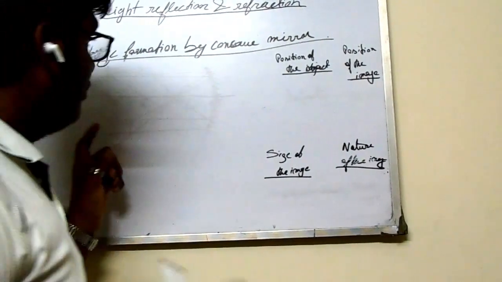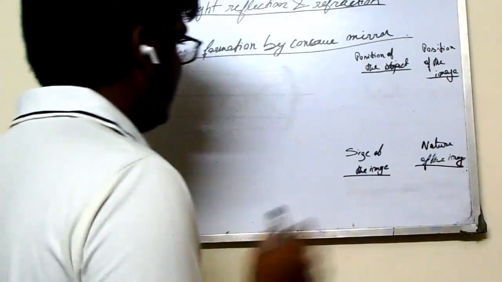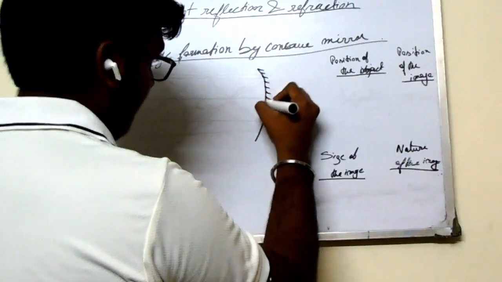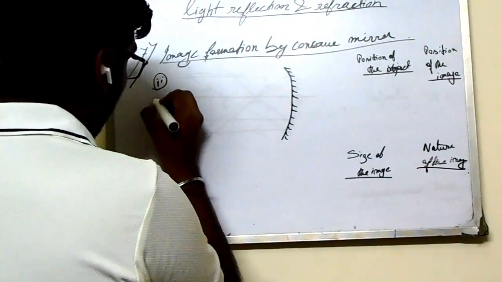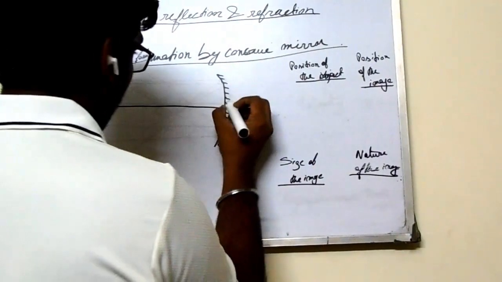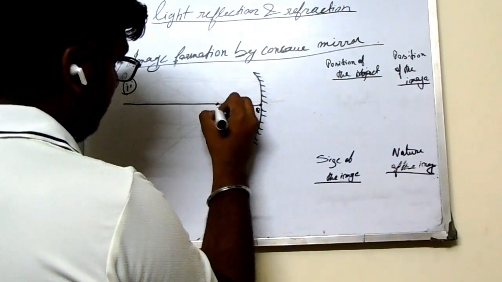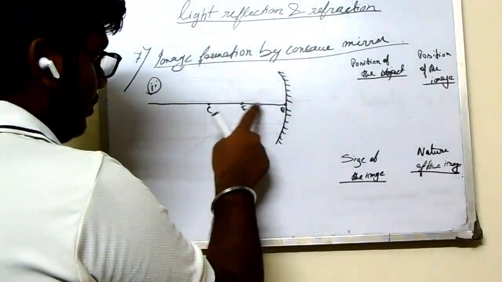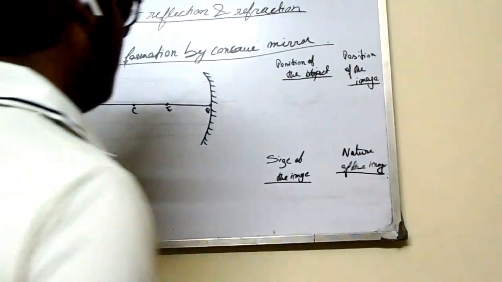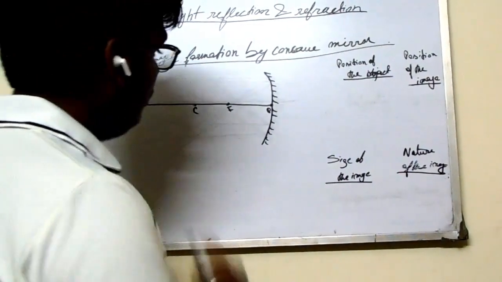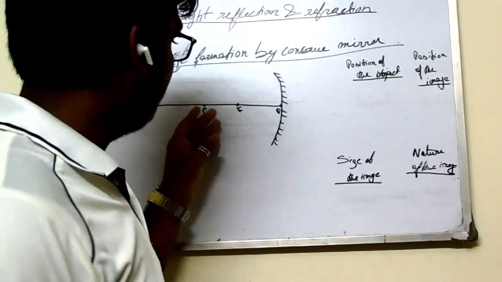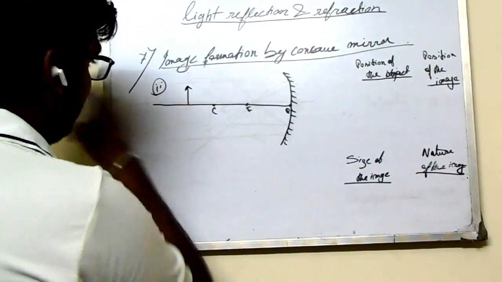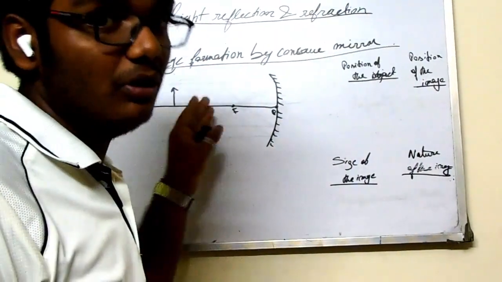Now it is the second condition. P, F, C, principal focus, center of curvature. Now let the object be placed beyond C, suppose here or here, anywhere, but beyond the center of curvature.